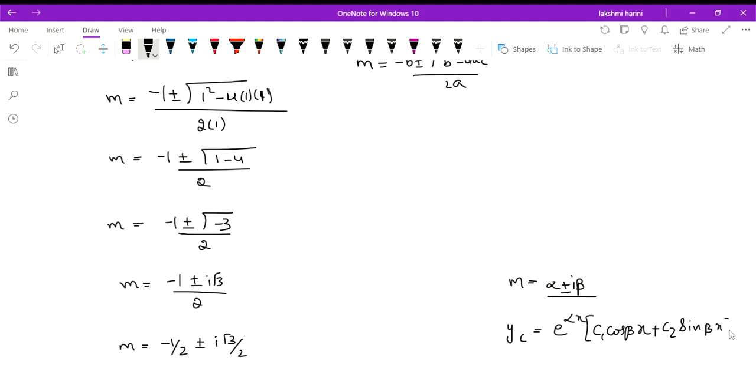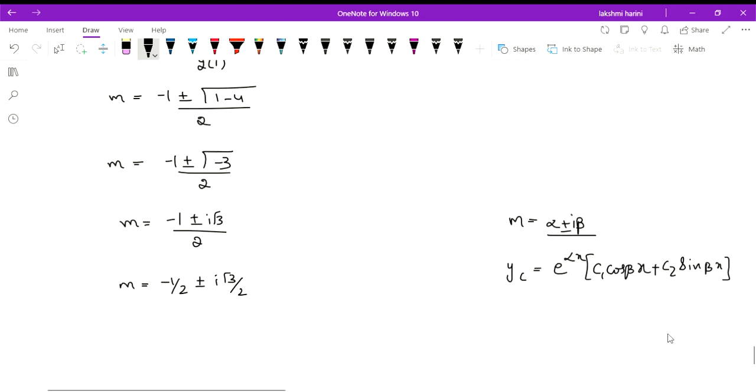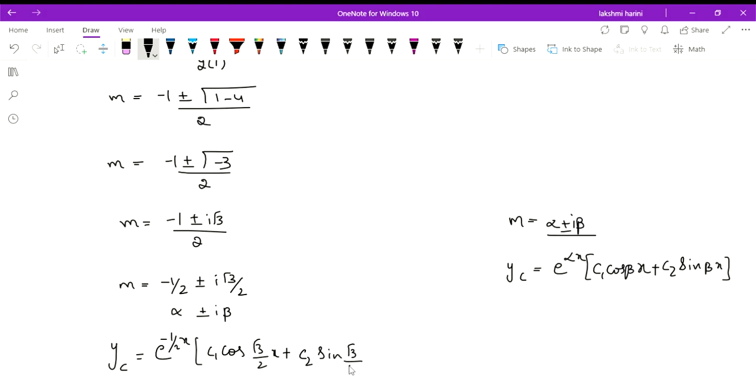Here alpha is minus 1 by 2 and beta is root 3 by 2. So yc is equal to e power minus 1 by 2 into x, into (c1 cos root 3 by 2 into x plus c2 into sin root 3 by 2 into x). This is your yc.